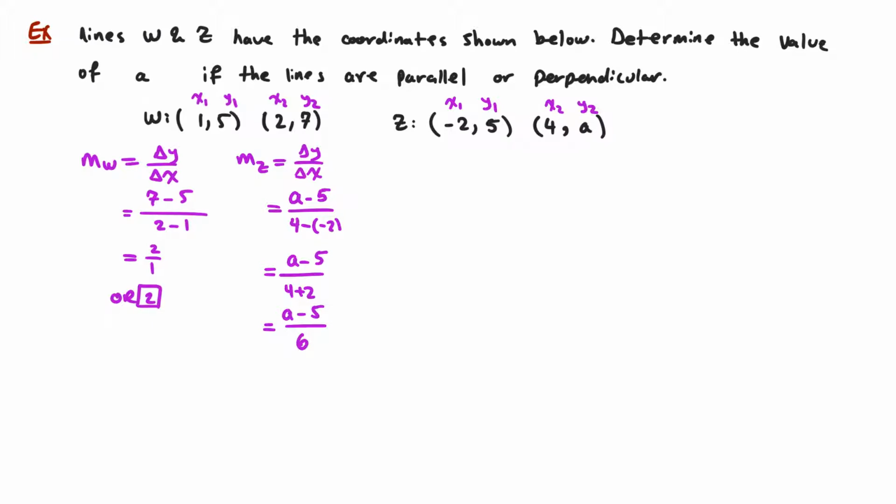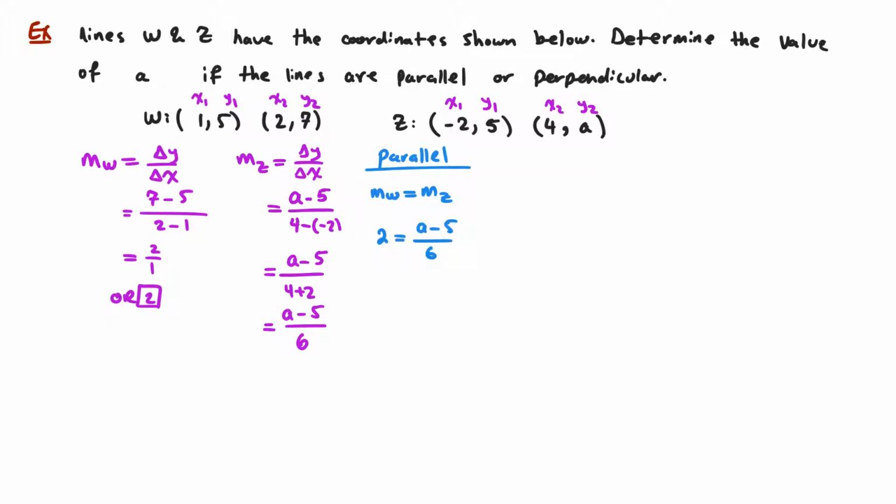Now, I don't know what A is, but I have two situations, one in which the lines are parallel, so I will do that in blue. In this case, m_W will equal m_Z. I know that m_W is equal to 2, and I know that m_Z is equal to (A - 5) over 6. Now, all I have to do is just solve for the A value.